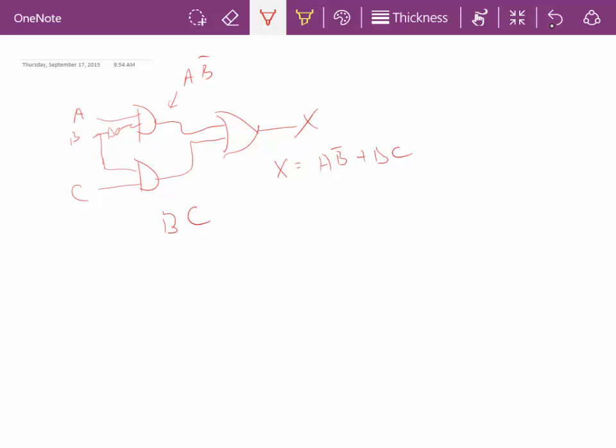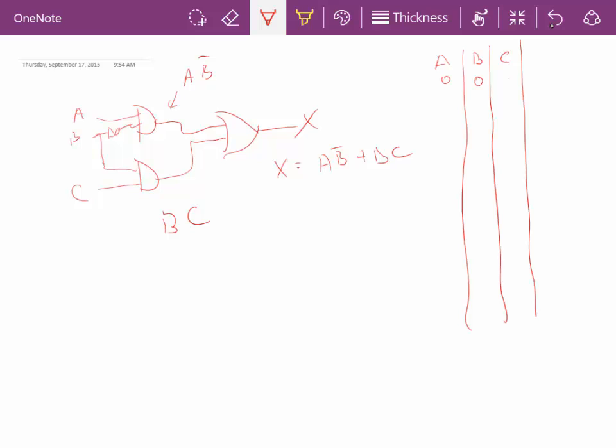Now, if we're going to do the truth table, we would do the same thing. We would do A, B, C. And you would think that I would get tired of writing ones and zeros. Actually, at some point, we'll quit writing so many ones and zeros. And now, it's really the same process.